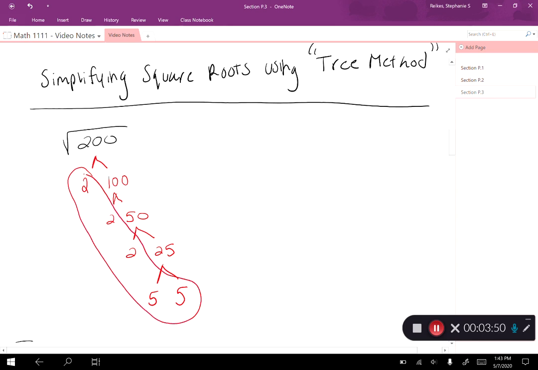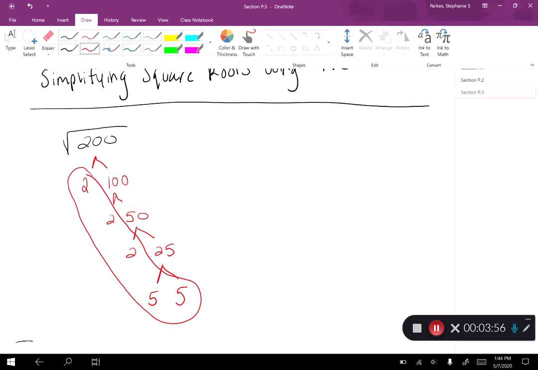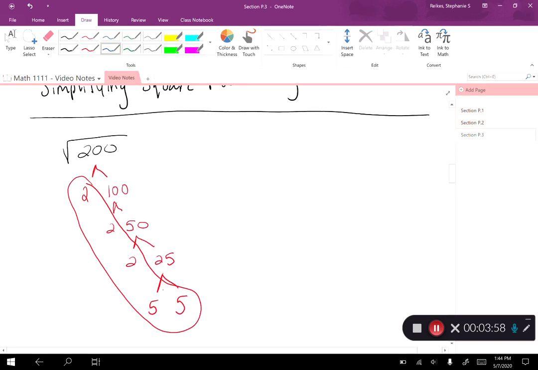Alright, and since I'm doing a square root, I'm looking for pairs. So let me change the color for clarity. I have a pair of 5s down here. I have a pair of 2s down here. And I have 1, 2 left over. So when I compute to simplify, every time I have a pair of something, it comes out of the square root symbol.